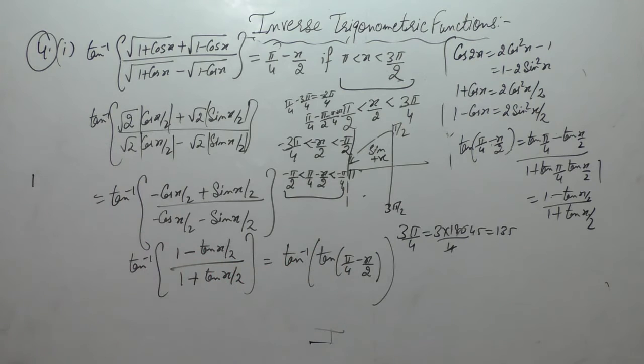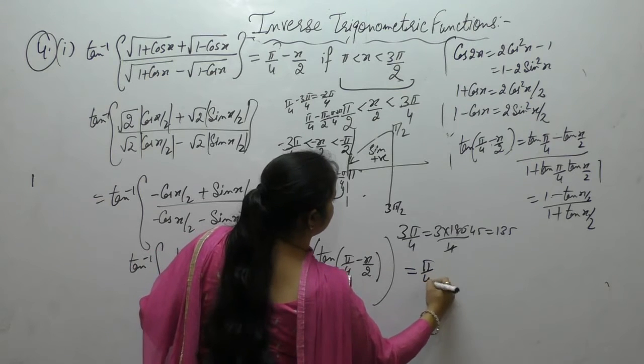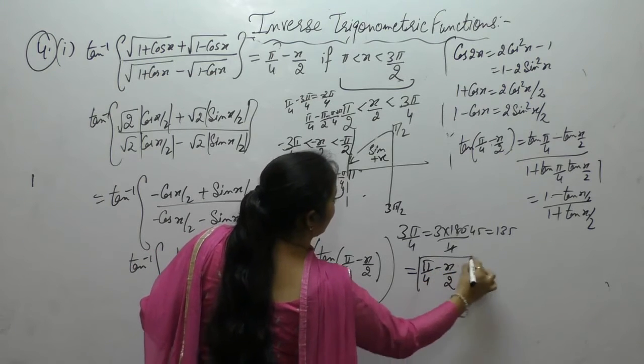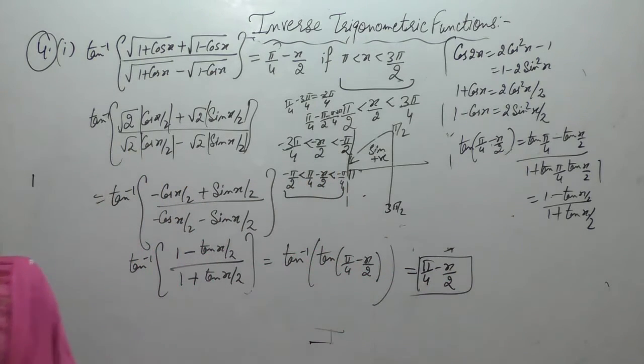So the limit lies between minus pi by 2 to pi by 2. Therefore tan inverse tan theta is equal to theta, pi by 4 minus x by 2. Clear?